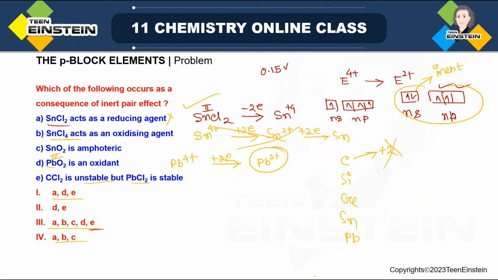Forget about halides, we know that for carbon, 2+ state stability is not possible, because inert pair effect is not operating. Inert pair effect is operating for lead only. So PbCl2 will be stable because of inert pair effect, not CCl2. So this is also the consequence of inert pair effect. So D and E, the last two, are basically consequences of inert pair effect. So option 2 will be the correct option.